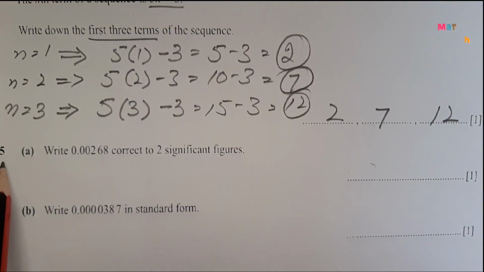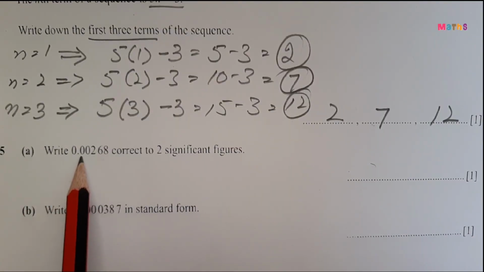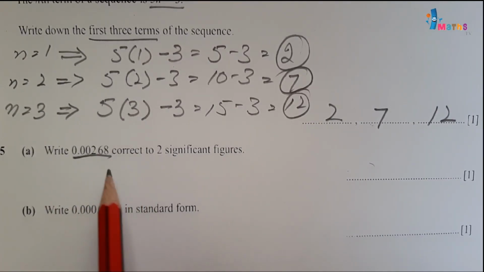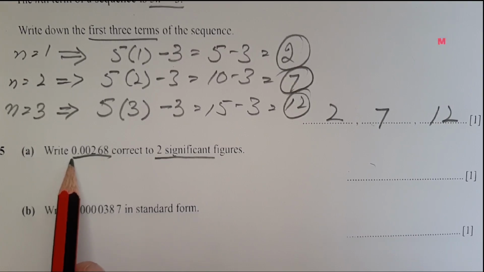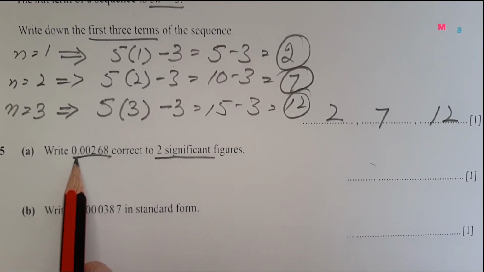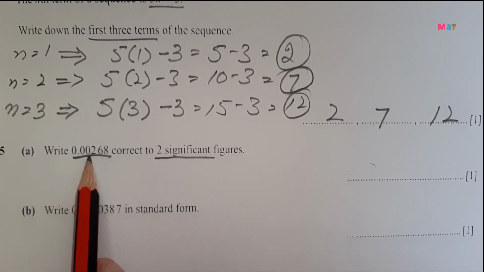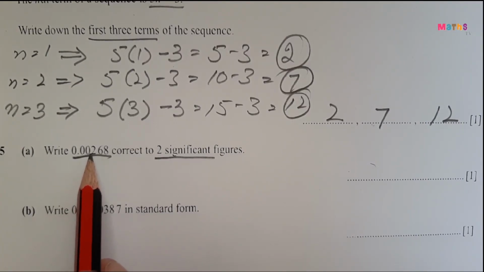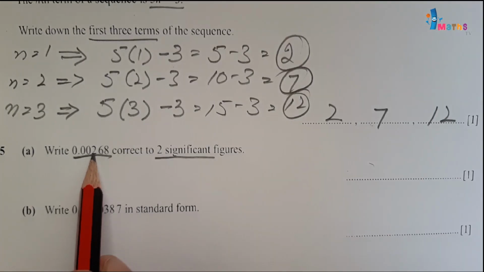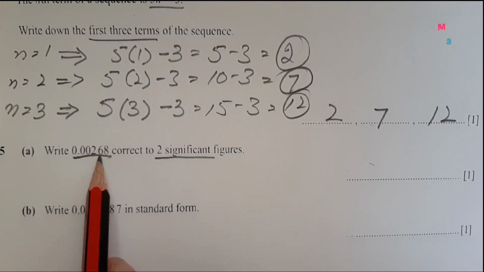Question number 5, A part, write 0.00268 correct to two significant figures. So we know that leading zeros are non-significant, so we will be counting two significant figures from this number. So it will be 2 and 6.